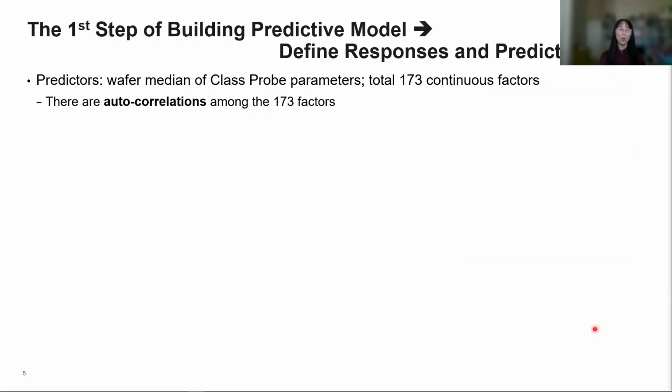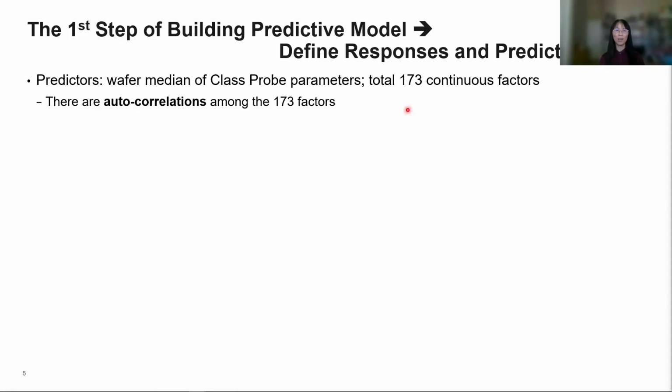Okay, so the first step of building a predictive model is to define my responses and predictors. I'm going to use the class probe parameters that we collect from each wafer. Because we collect more than one site, I'm going to use the wafer median for those class probe parameters.